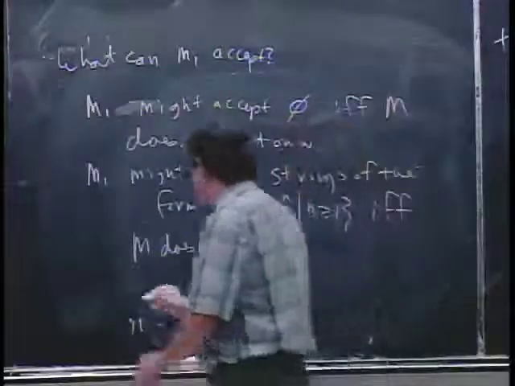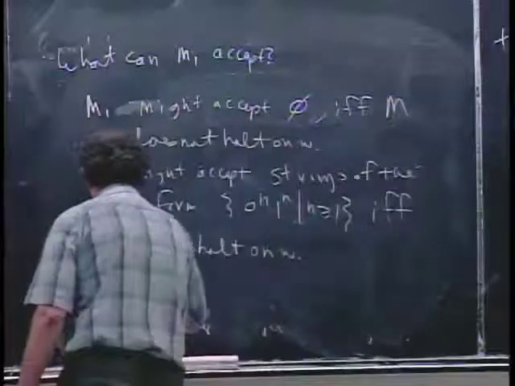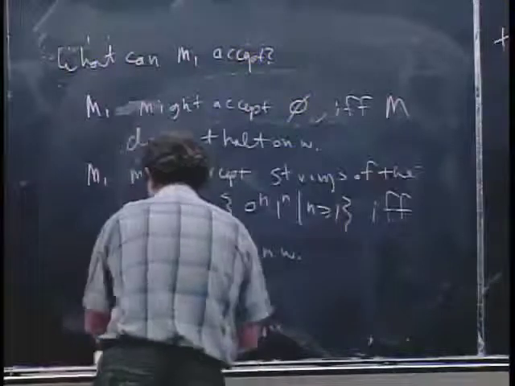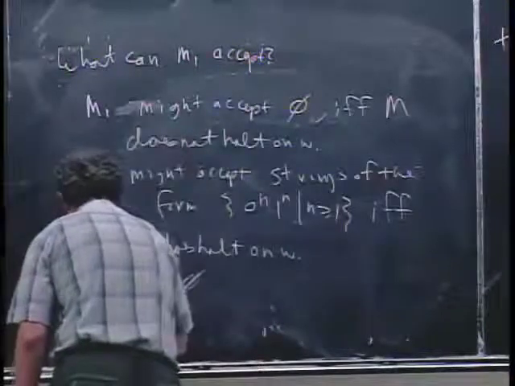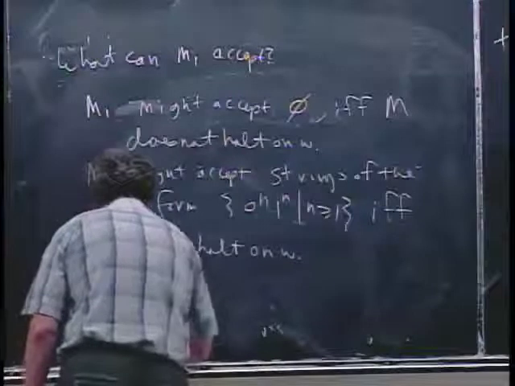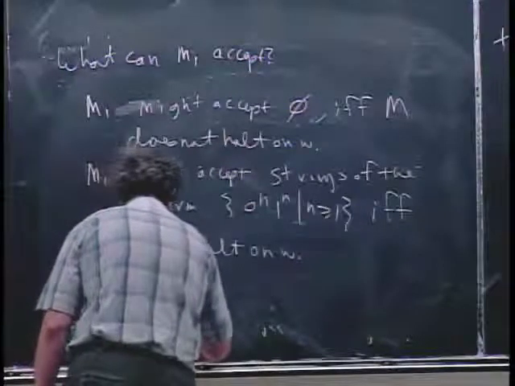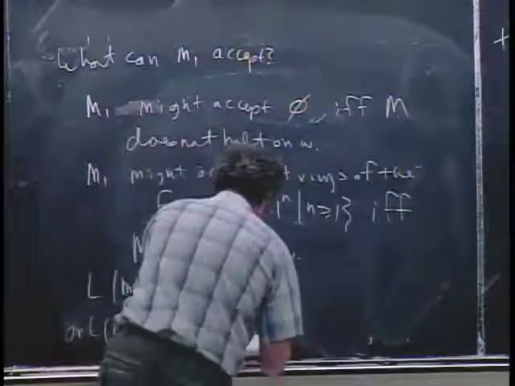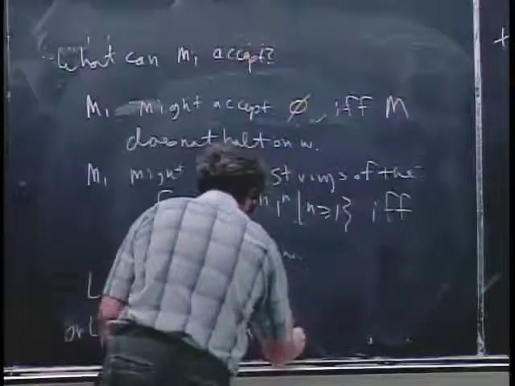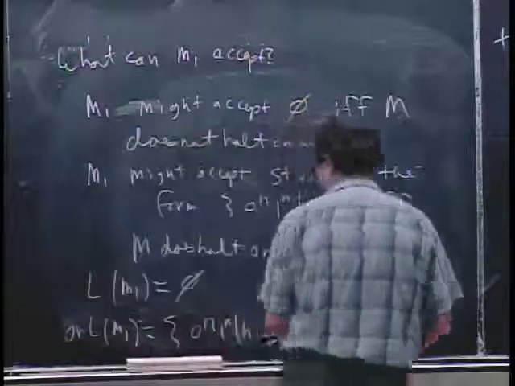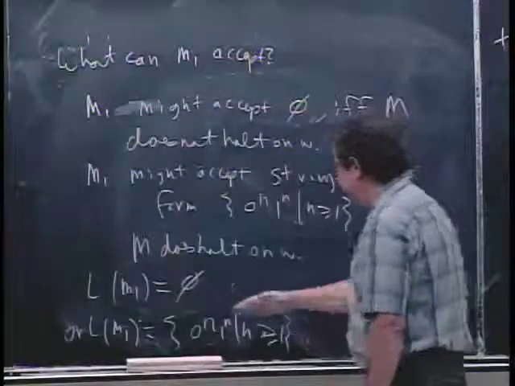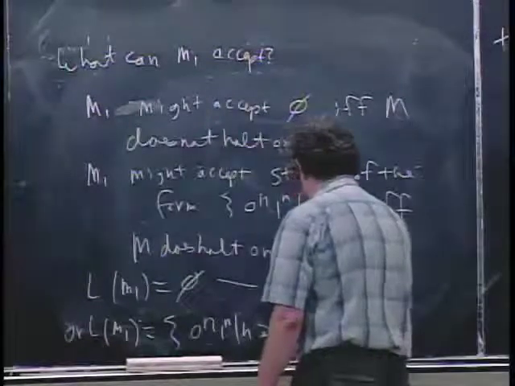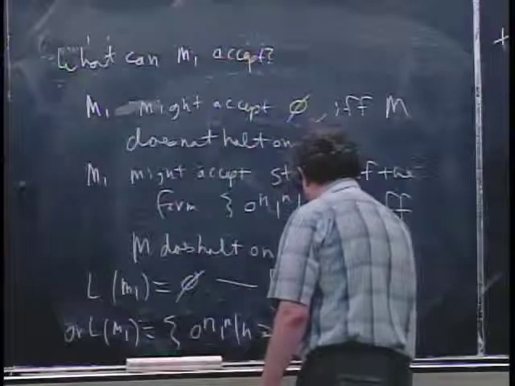So L of M1 equals that, or L of M1 equals the set of 0 to the n, 1 to the n, n greater than or equal to 1. And this one is a regular language, and this is a non-regular language.